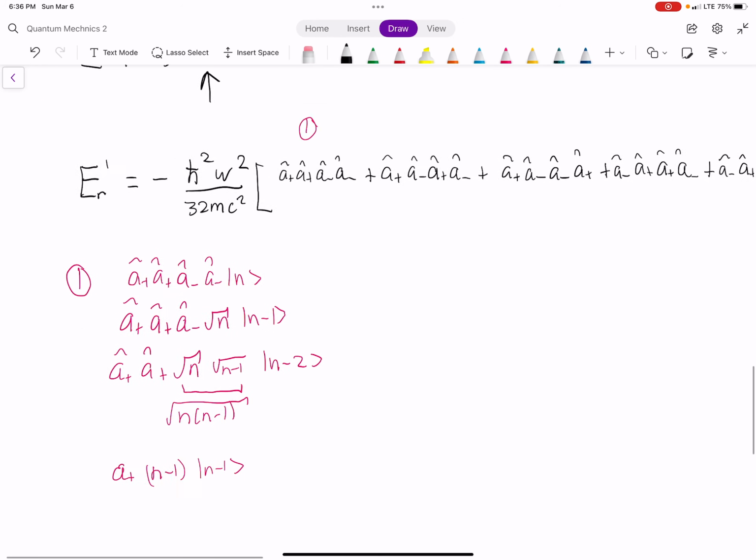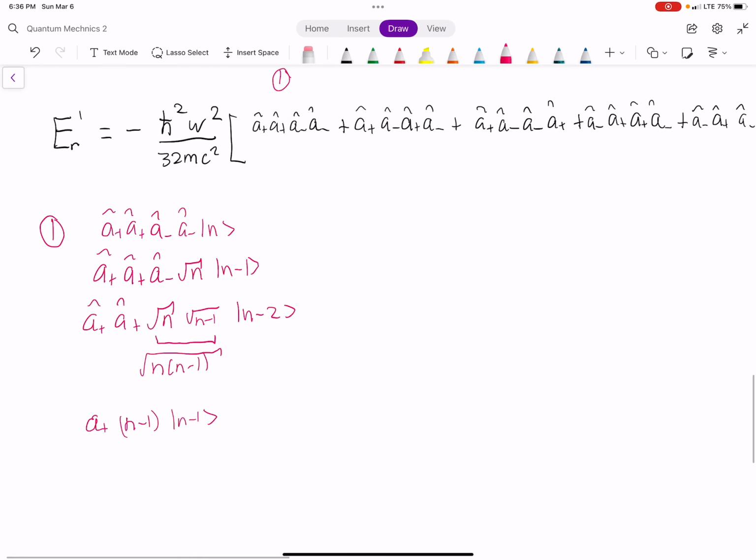Okay. And then there's also a square root of n, which the raising operator will get rid of. And it'll be n minus 1. Okay? So this will just be n minus 1 times 1, I guess, but I'm sure you guys are fine with that.